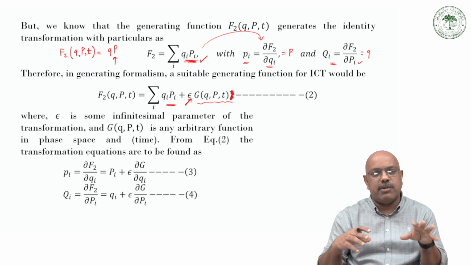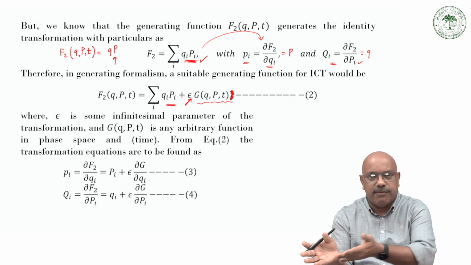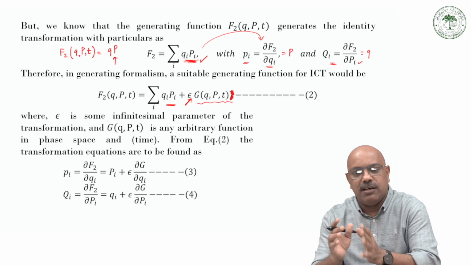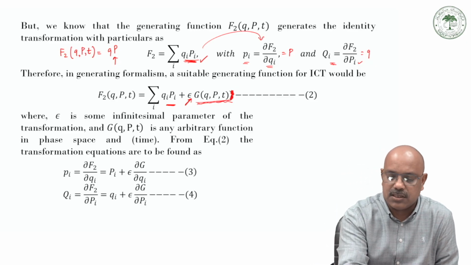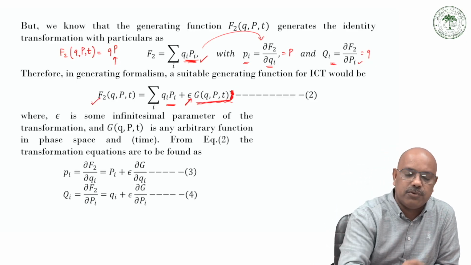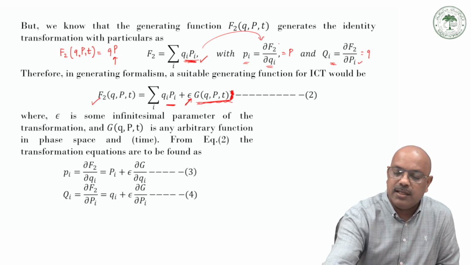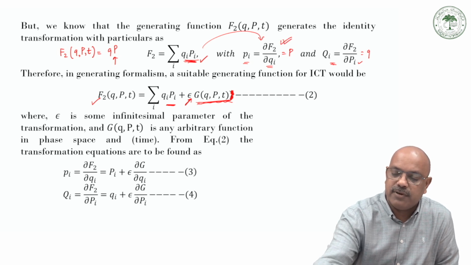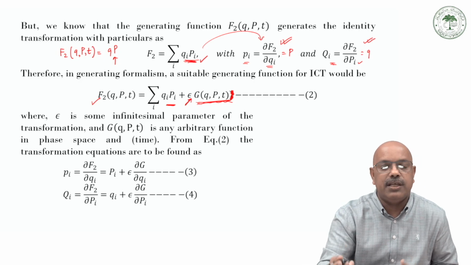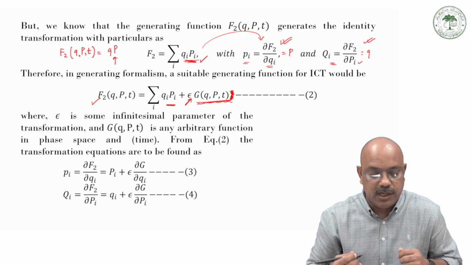because when I say that F2 is going to be the generating function, my generating function G is related with my F2. Then this has to preserve the corresponding derivatives Pi and Qi, which are related to the type 2 generating function.